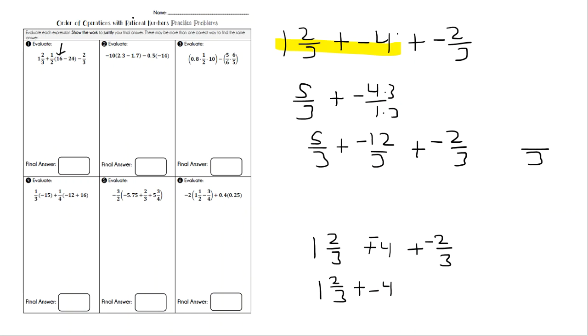We have a 5, a negative 12, and a negative 2. So 5 and a negative 12 together would be a negative 7, and a negative 7 and a negative 2 would be a negative 9. And then in the end, negative 9 divided by 3 is a negative 3. Whew. Okay, let's go ahead and look at number 2.